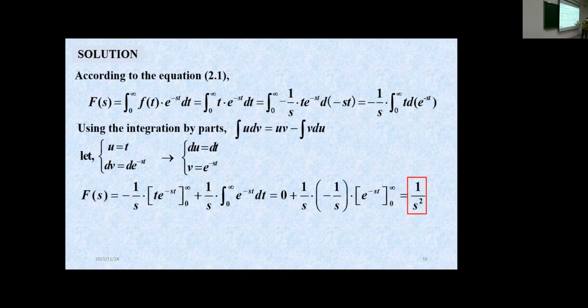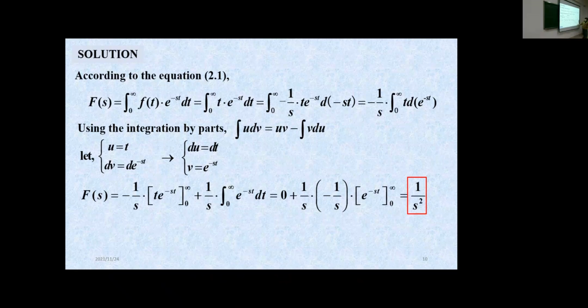And the whole thing is what? It's the integration of dv, right? So we should write uv here. This is uv. Minus, and here we get a minus and a minus here, so we get what? A plus here. Plus the integration of v du. And counting it out, we can get this is 0, of course, right?